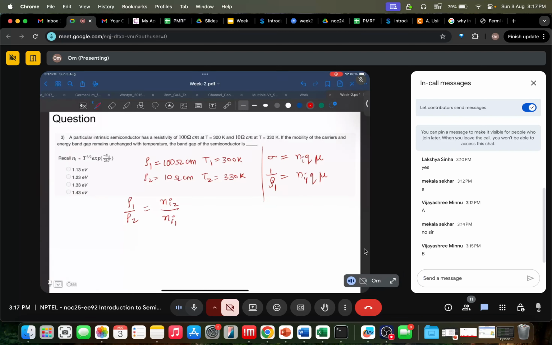Rho 1 equals 1 by ni1 q mu, and rho 2 equals 1 by ni2 q mu. q is constant and mobility is also constant as given in the question. So rho 1 by rho 2 is ni2 by ni1.